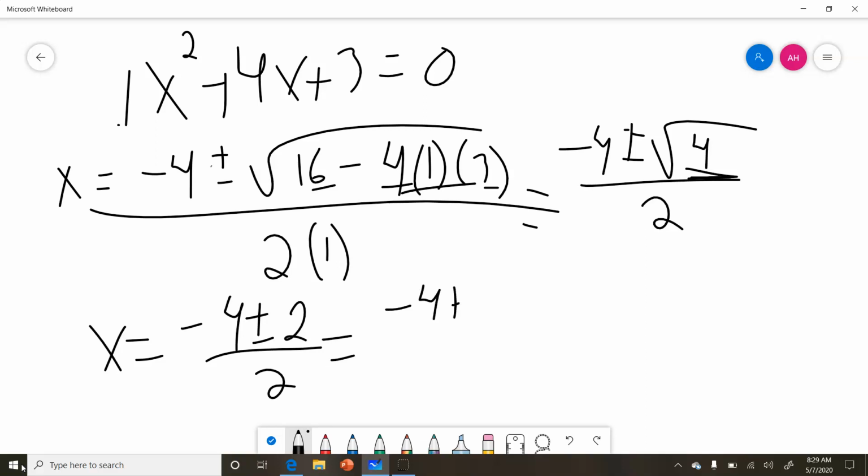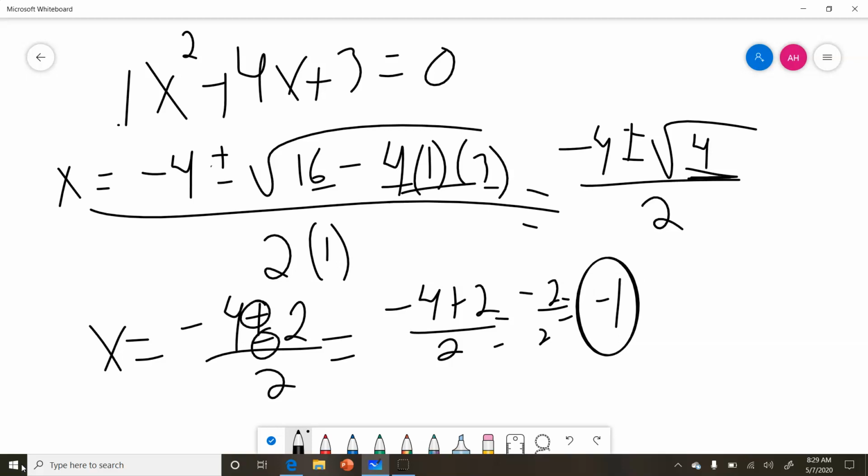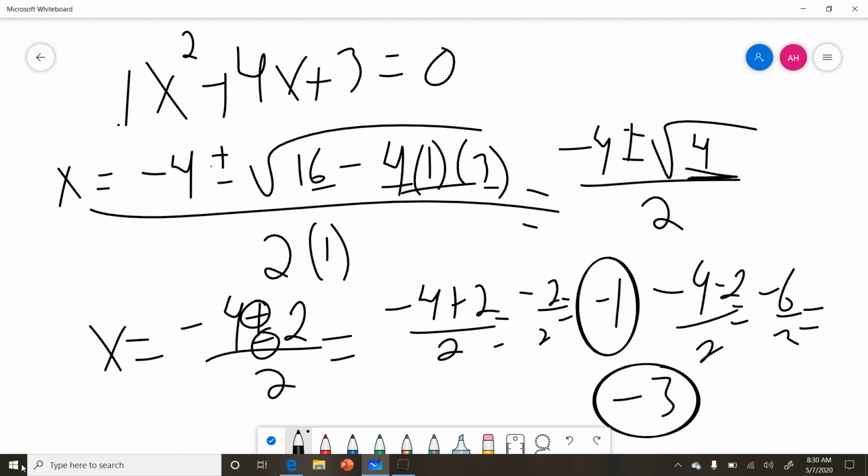That equals negative 4 plus 2 divided by 2, and that is negative 2 divided by 2. So one answer here is negative 1. I chose the plus first, so now let's do the minus. Negative 4 minus 2 divided by 2 equals negative 6 divided by 2, which is negative 3. So my answers on that one are x equals negative 1, comma, negative 3.